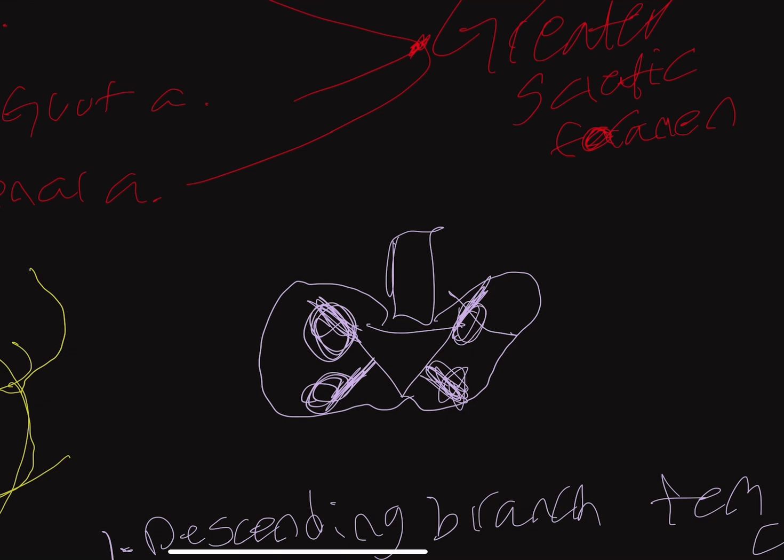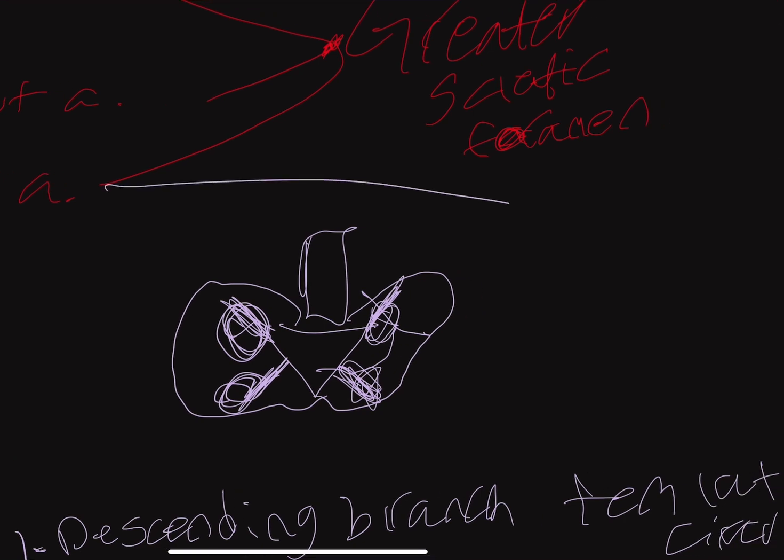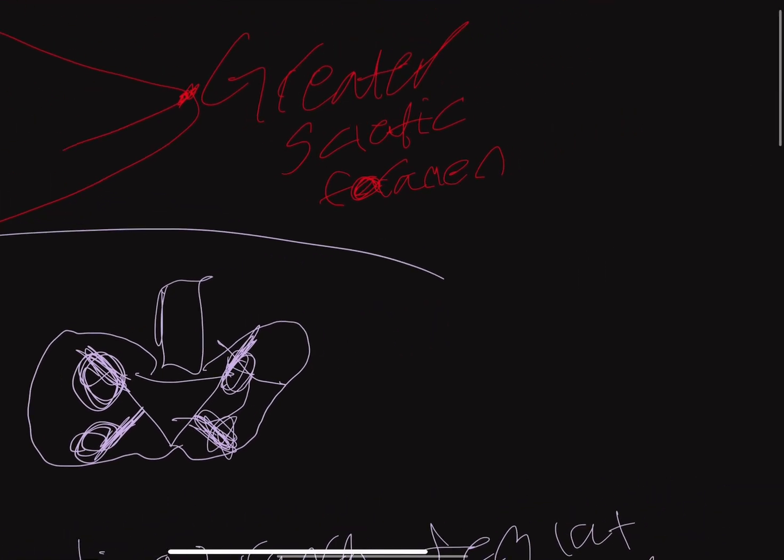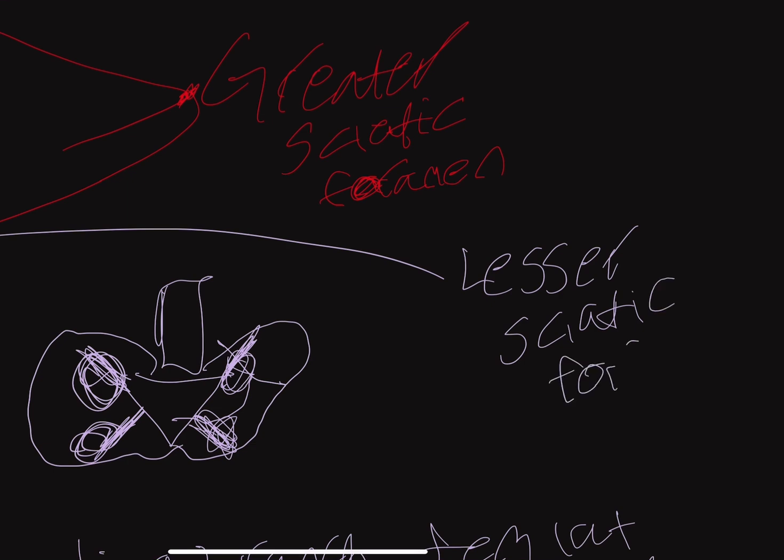Your pudendal is going to pass through the greater sciatic and just loop right back in. And it's just going to go through the lesser sciatic foramen. So I'll just repeat that again.